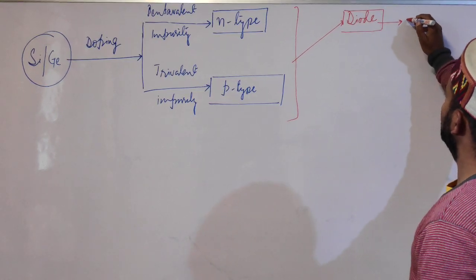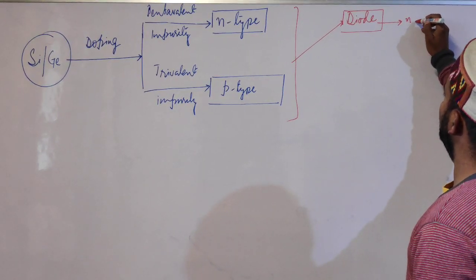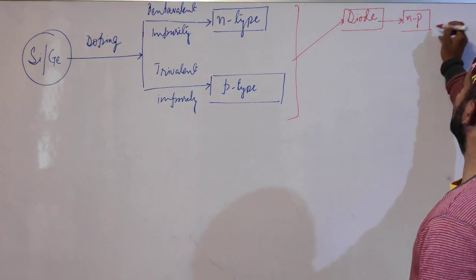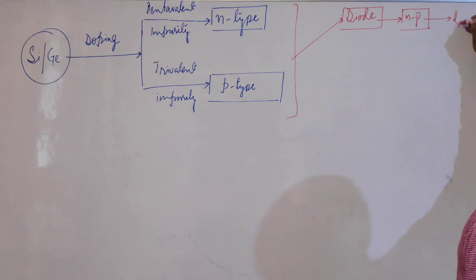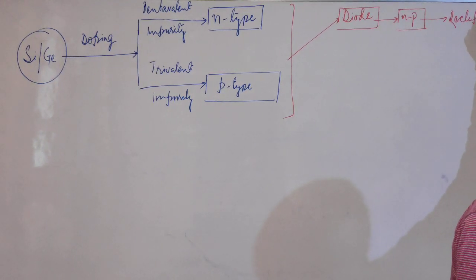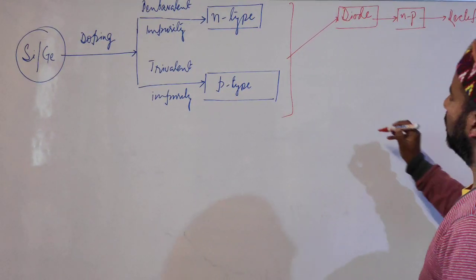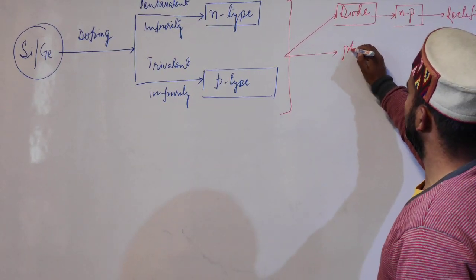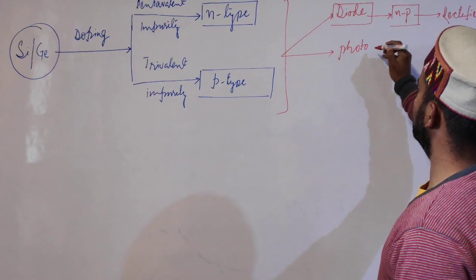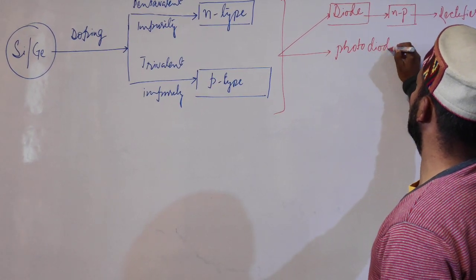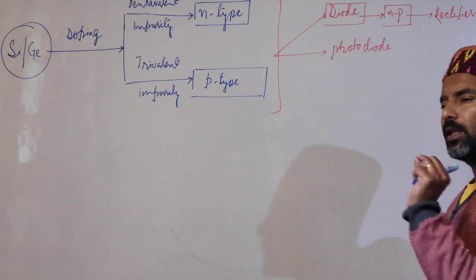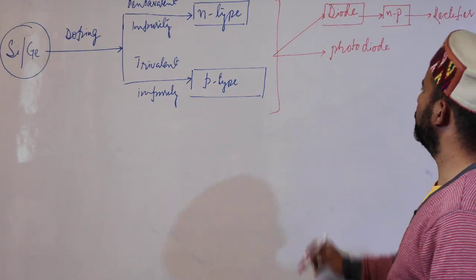So this is a combination of N and P type semiconductors, and we use diodes as rectifiers. Another use is in solar cells, where we use photodiodes, which are also a combination. These photodiodes convert light energy into electrical energy.